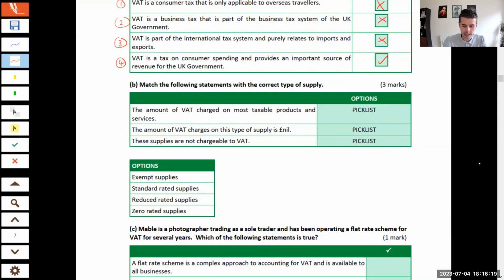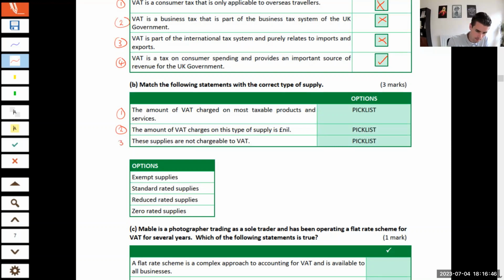Let's have a look at point B now. Match the following statements with the correct type of supply. Okay. So what have we got here? Number 1, the amount of VAT charged on most taxable products and services. Number 2, the amount of VAT charged on this type of supply is nil.